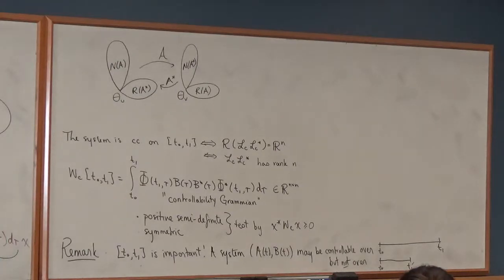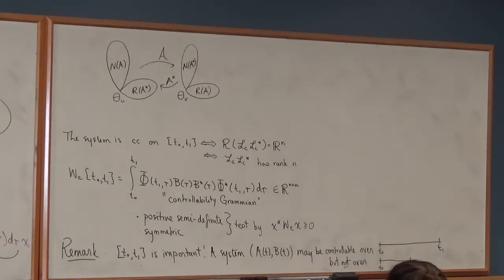If you're controllable over the shorter time interval, that means there exists an input to steer you from any initial state to any final state. So you're automatically controllable over any longer time interval, because you just get to the final state and then do what you need to do to stay at that final state. If you have an input that gets you from any x0 to any x1 over a shorter time interval, then you can construct an input from that input which will get you from any x0 to any x1 over the longer time interval.